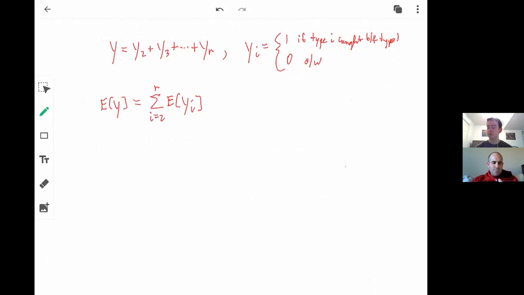The problem is I can't figure out how to calculate the probability that type i is caught before type 1.